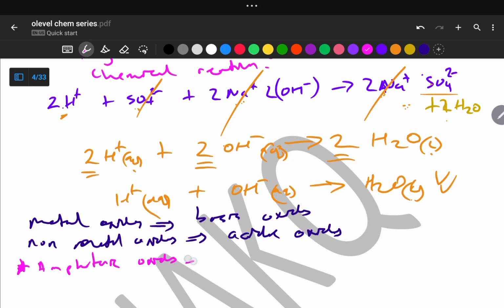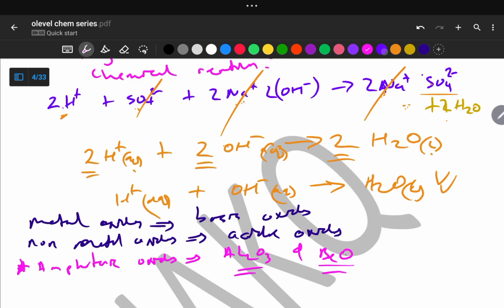So we have aluminium oxide, and we have beryllium oxide, and etc. So for O level, we don't want to discuss on that, right? We only want to discuss these 2 which are common, beryllium oxide and aluminium oxide.